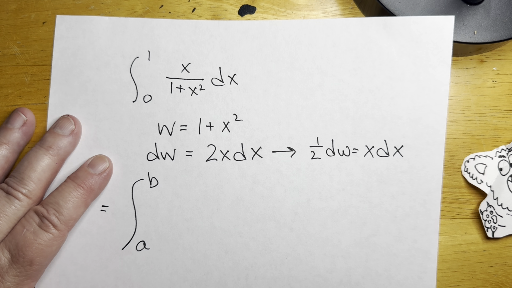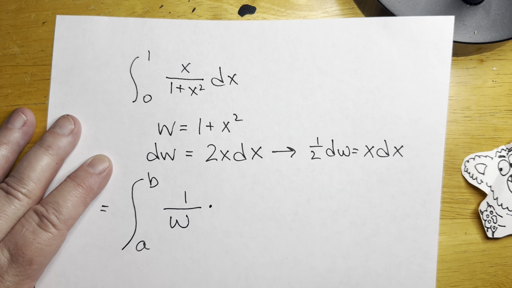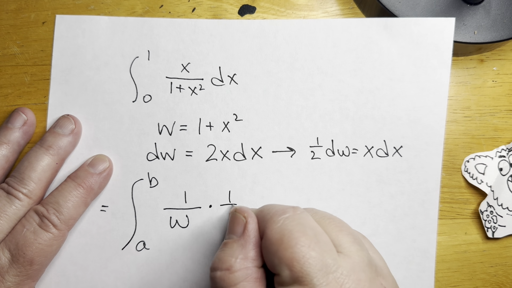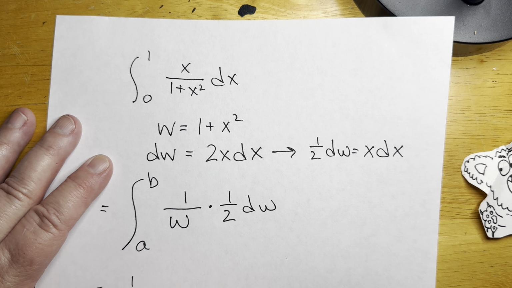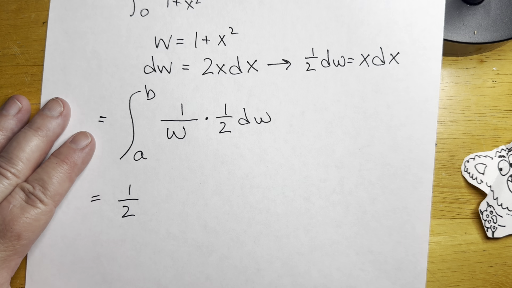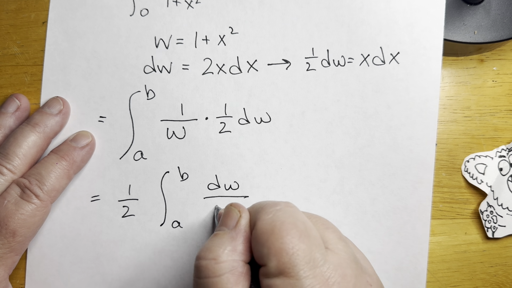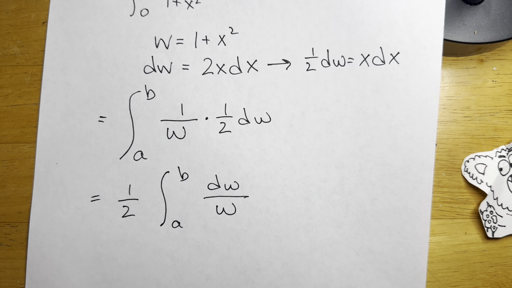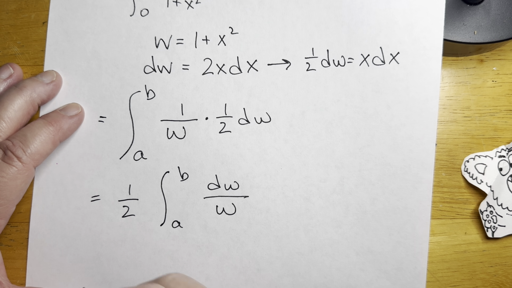Okay, so I think I get 1 over w times, and then the x dx gives me 1/2 dw. That's going to give me 1/2 the integral from a to b of dw over w. Okay, so the integral of dw over w is going to be 1/2 times, what is dw over w?